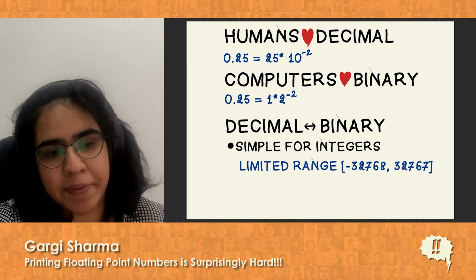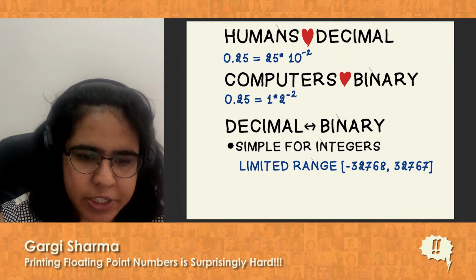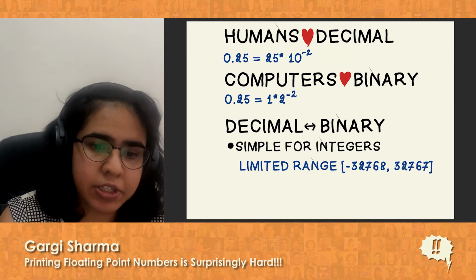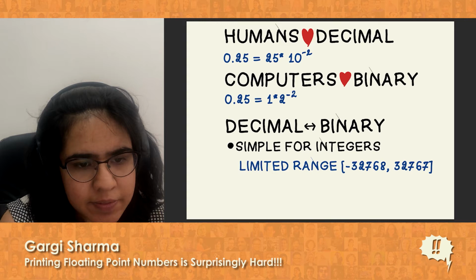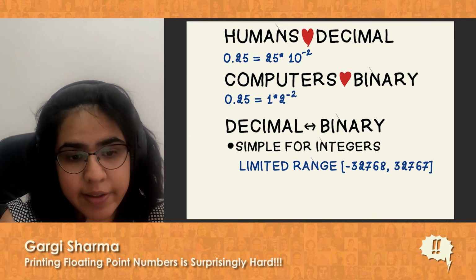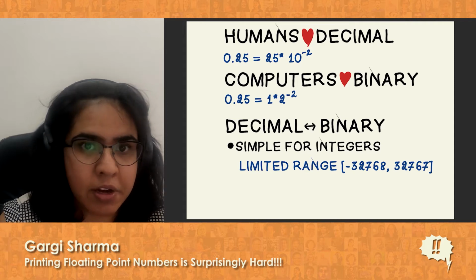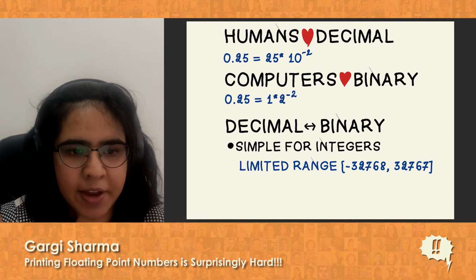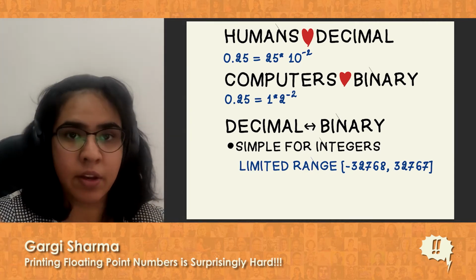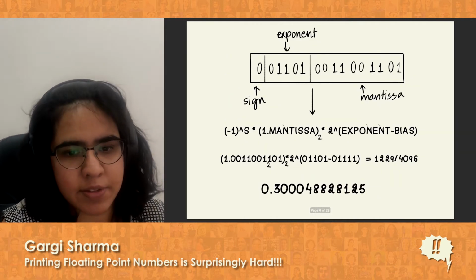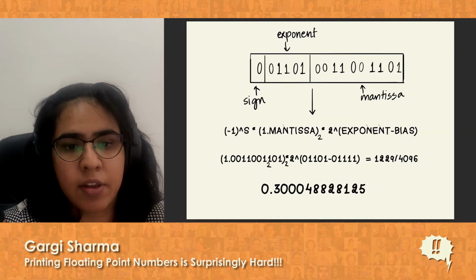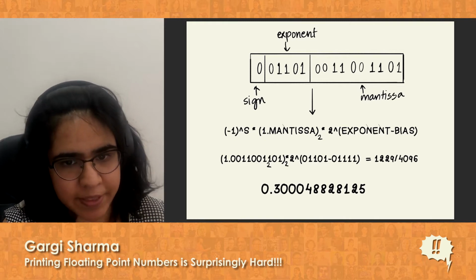And decimal to binary is simple for integers because you have a limited range. But if you have, let's say, 0.3, then according to the IEEE 754 floating point standard, you have a sign bit, some bits reserved for the exponent and some for the mantissa, and you have a representation for 0.3 in that.